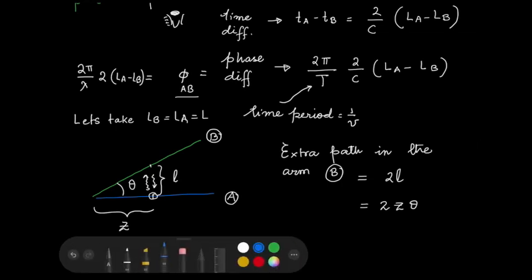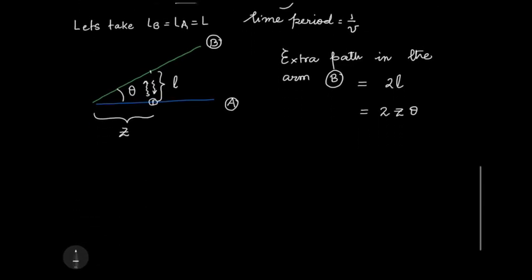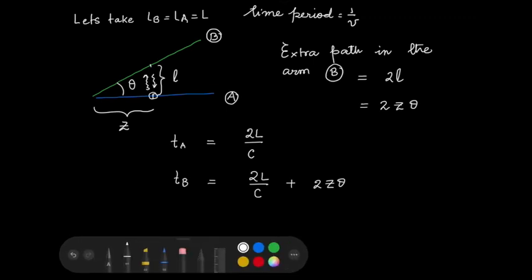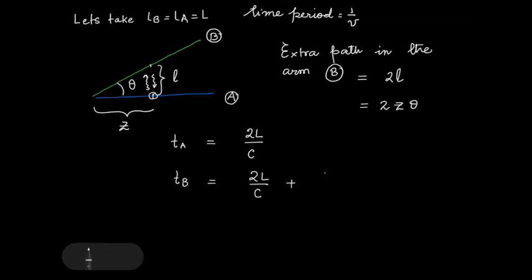Remember, T_A will remain the same as before, which is 2L by C, since L is the same in both arms now. So T_B will be 2L by C plus 2Z theta divided by C, that's the extra path it travels.